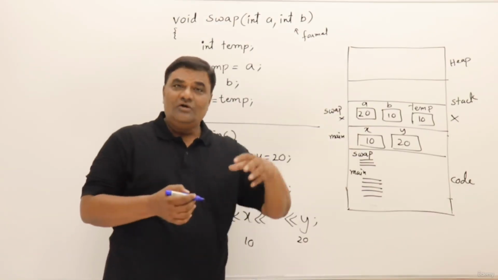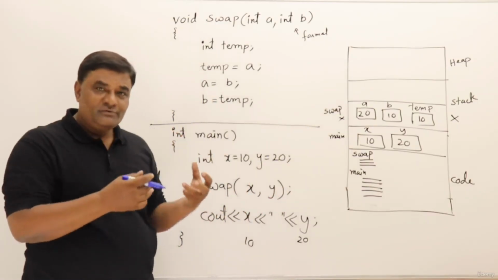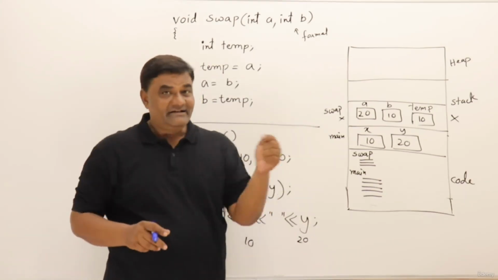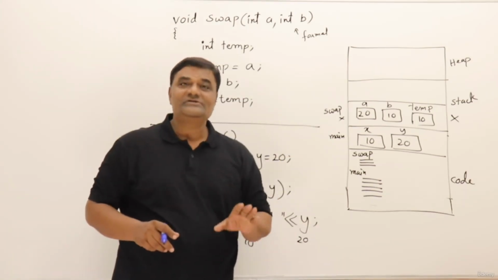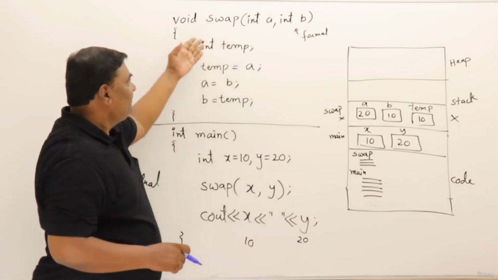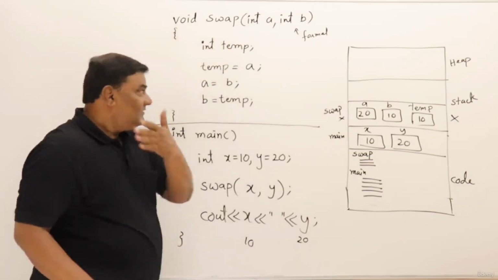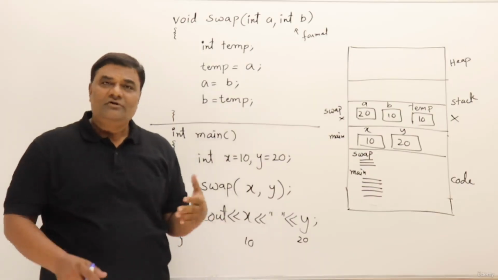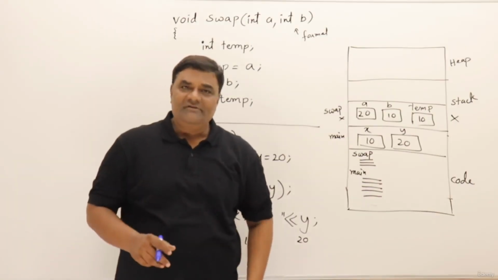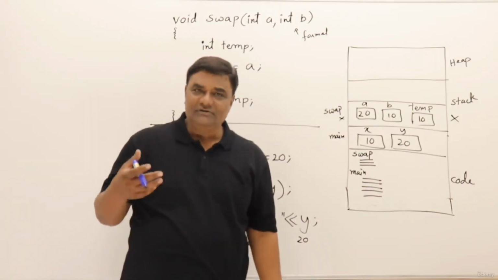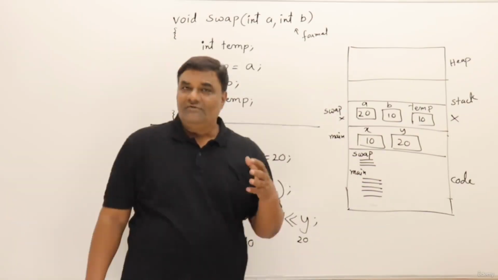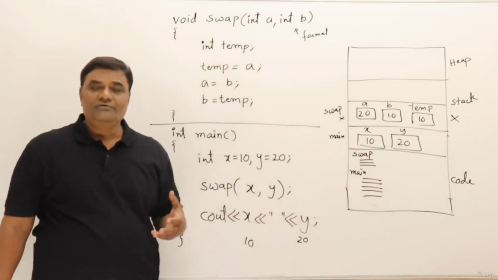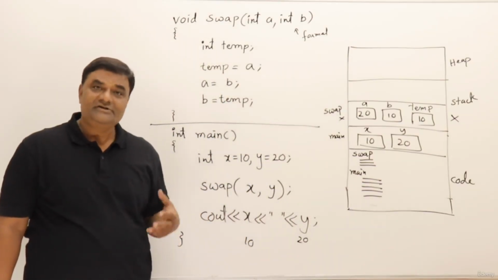If you want a function to just take the values, perform the operation and return the result, then you use call by value. This function is not returning anything, and call by value is not suitable for the swap function. For other purposes, you can use call by value. In practice, we will be looking at call by value methods also while writing further programs, and I'll show you where it is useful.